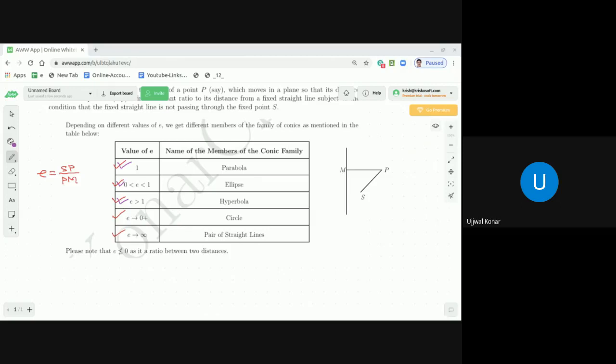It is ax square plus 2hxy plus by square plus 2gx plus 2fy plus c equal to 0. That general equation of second degree actually represents a conic. Let me take you to the next page and explain, dear students.